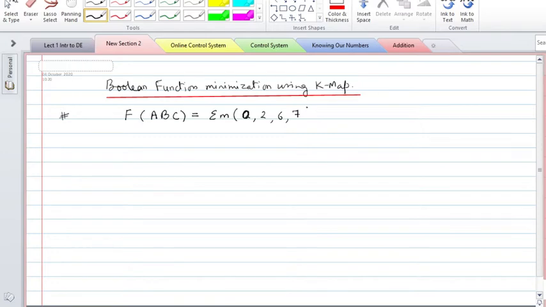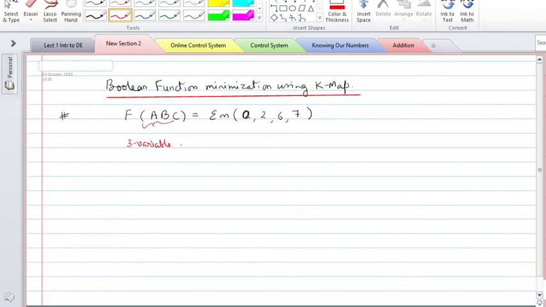We want to minimize this Boolean function. So for this purpose we have to draw a K-map. A K-map actually represents the given function in tabular form, or you can say in cells form, because here the given function is a three variable function.